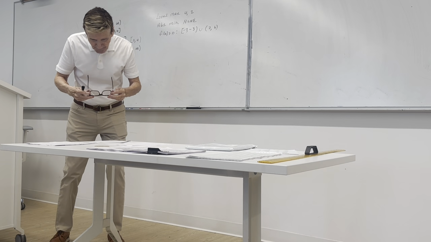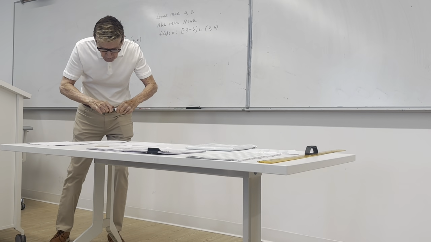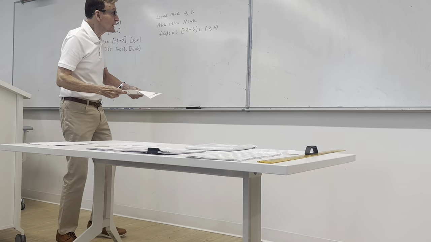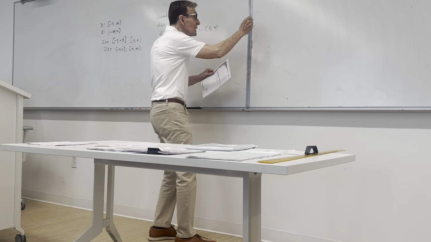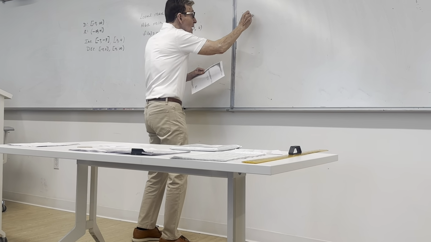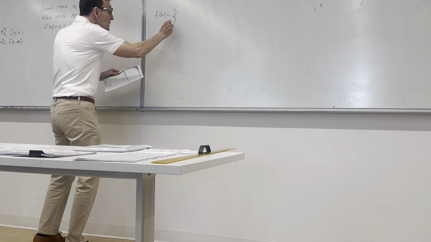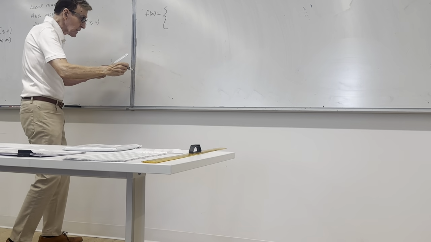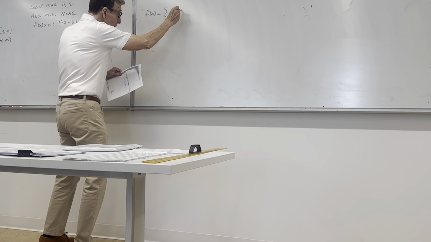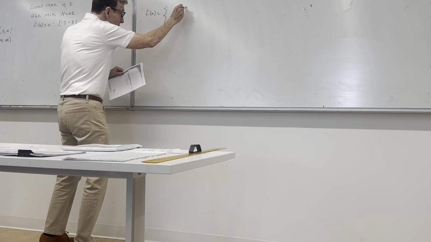I gave you a function, let me write this on the board, and it's given to me in 3 pieces. f of x equals, I'm going to try this black marker here, 2, x is less than -3. Now guys, these can get tricky.